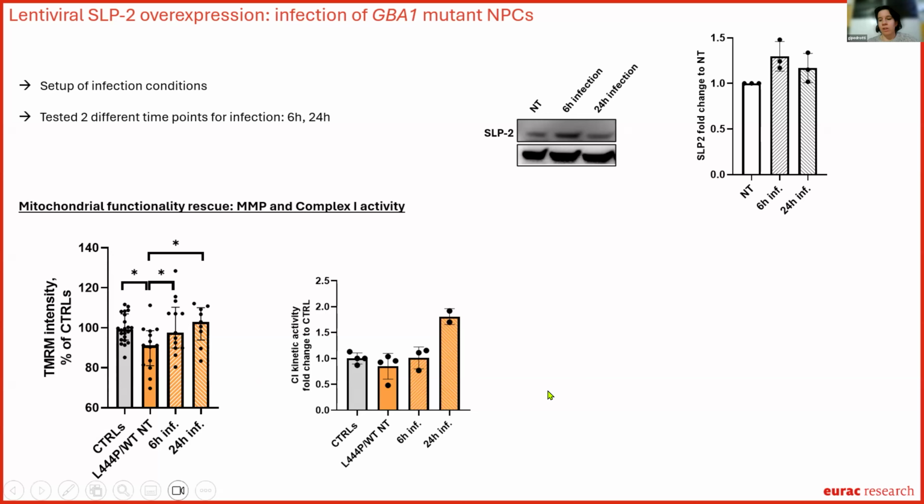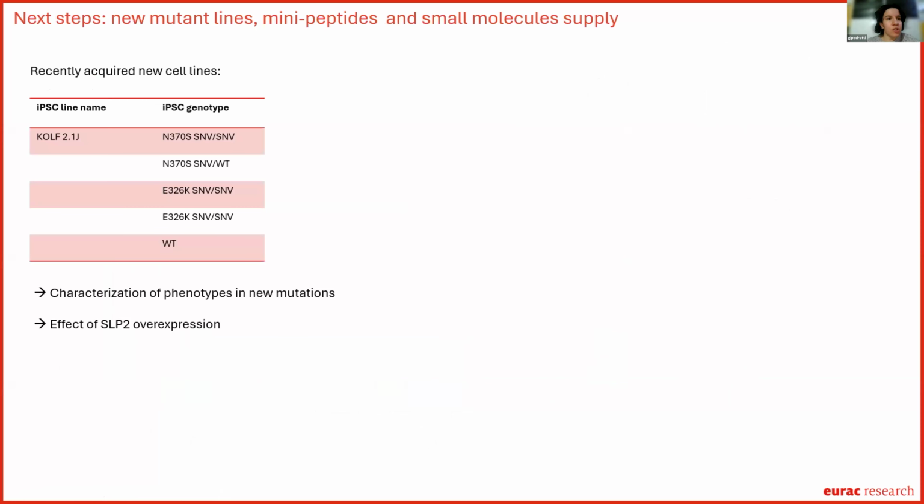As soon as we finish with complex 1, we also plan to check the rescue in ATP content and the reduction of oxidative species in the mitochondria. To finish, since for now we just have data on the one cell line with the more severe mutation, we were able to recently acquire new cell lines in the lab.